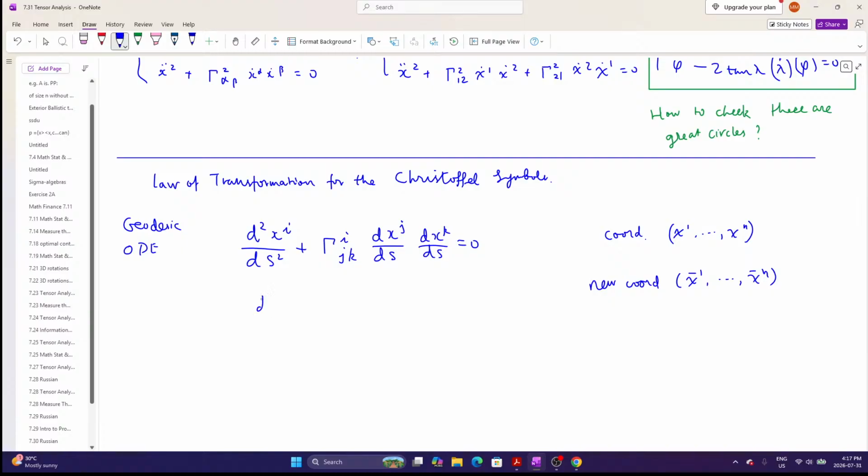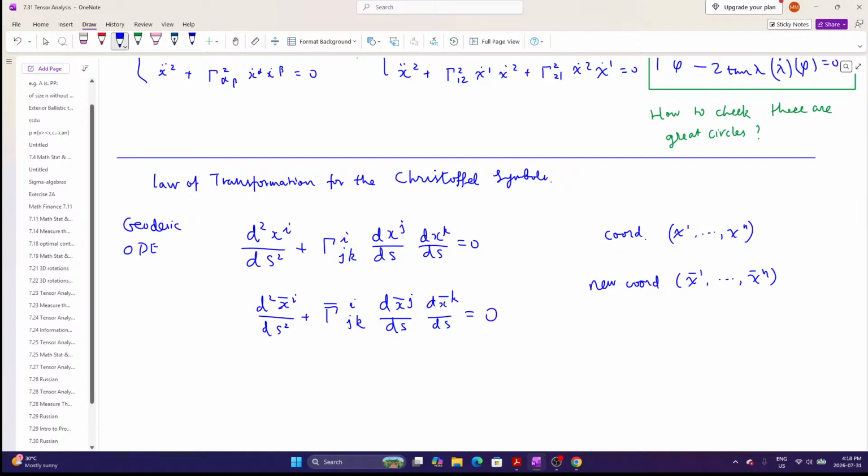So this would be d squared x bar i over ds squared. The format is exactly the same, and now the big gamma will also take on a bar. This is the new Christoffel symbol. Our goal is to relate the new and old Christoffel symbols. You have these two equations, both geodesic equations, one in the old coordinate system and one in the new, and of course they should represent the same object.